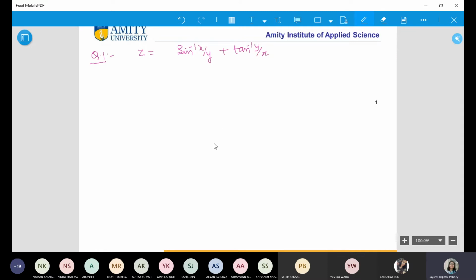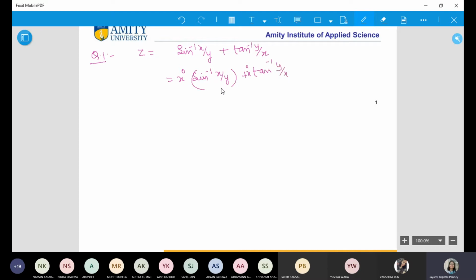Now what you have to do, you have to verify this. As I told you, sine inverse x upon y and tan inverse y upon x are not homogeneous, but you can treat it like this. Can we treat it like this?